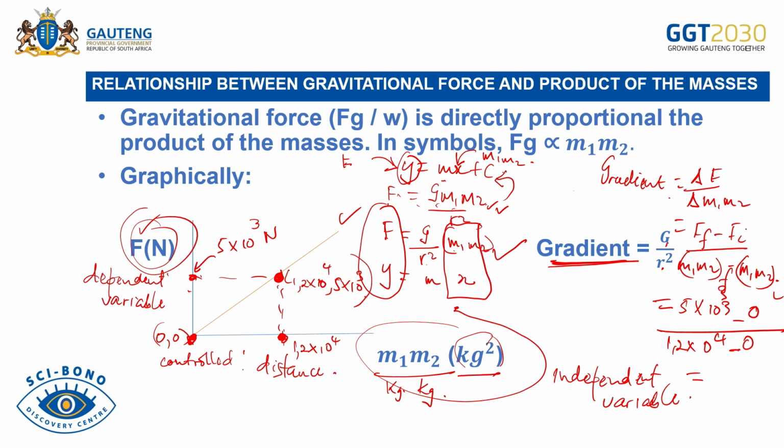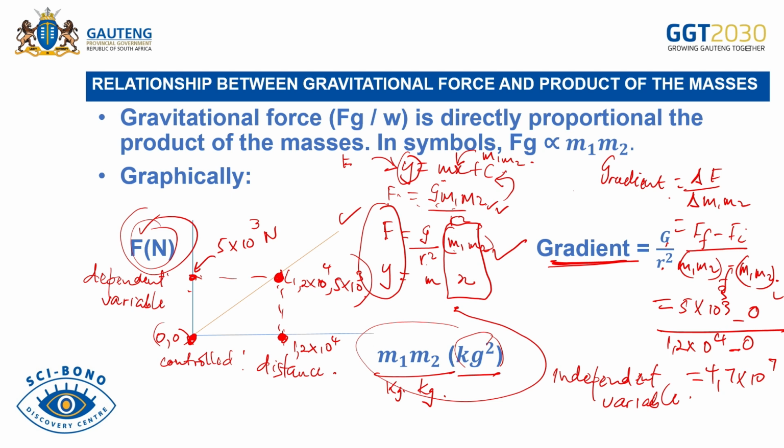I hope we are getting the same answer, but I'm having 4.17 times 10 to the power... let me double check here. 5 times 10 to the power 3 divided by 1.2 times 10 to the power 4.